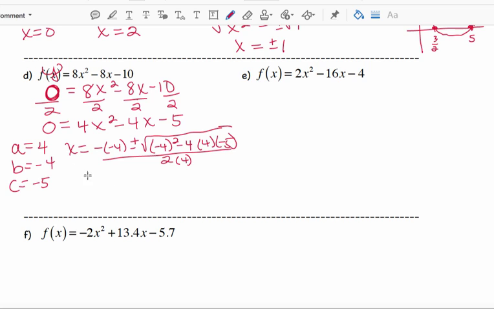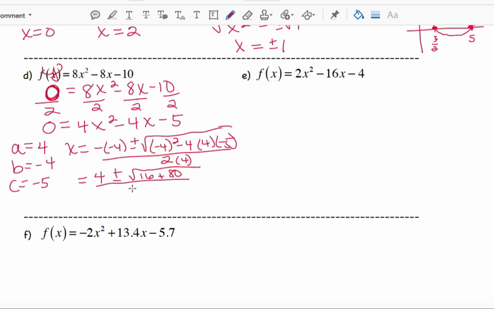Okay, and you can sing a little song in your head if you want to. I kind of was singing it a little bit mentally as I filled in my numbers, and then we'll clean it up. I get a positive 4 for my first term here, plus or minus the square root of 4 squared is 16, and 4 times 5 is 20, and 20 times 4 is 80, and you have a negative times negative, which will be a positive.